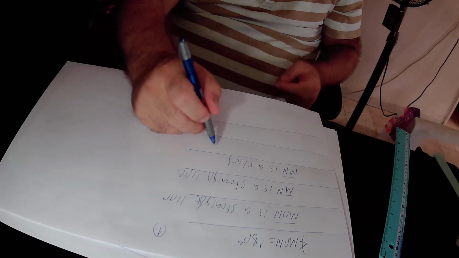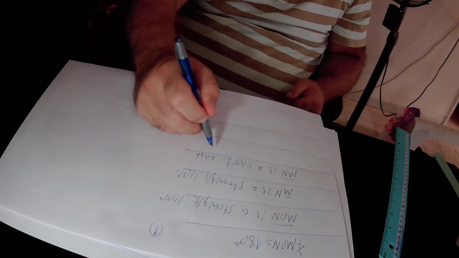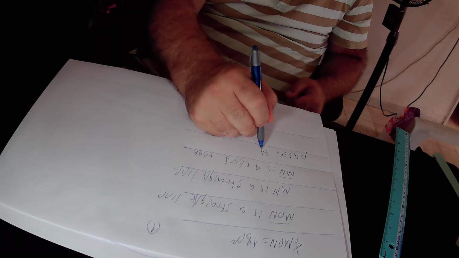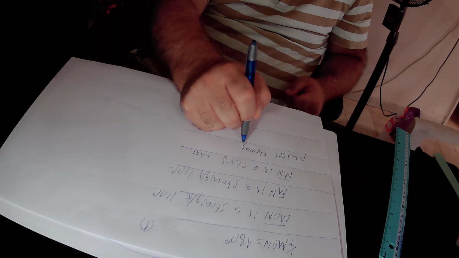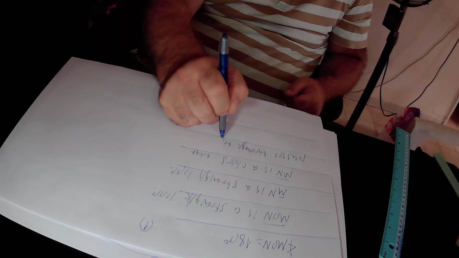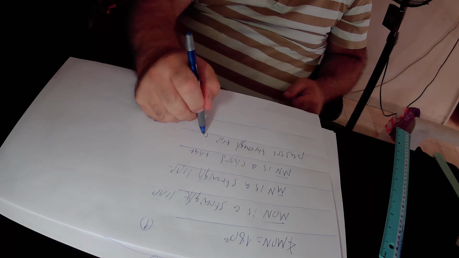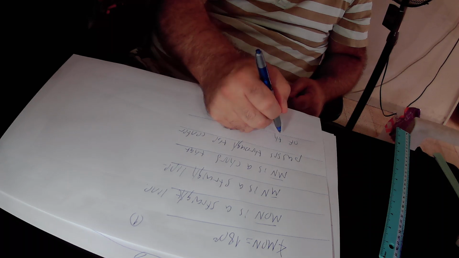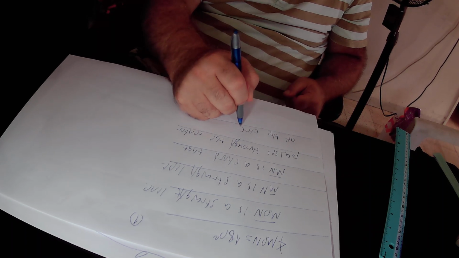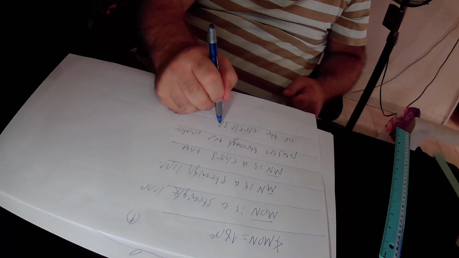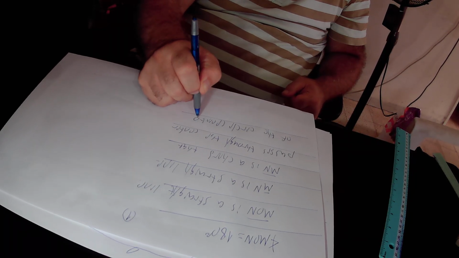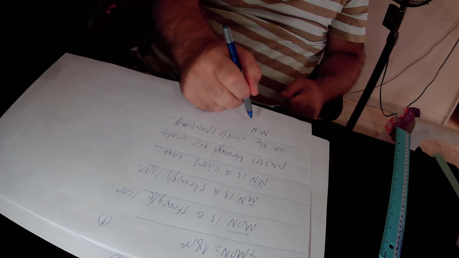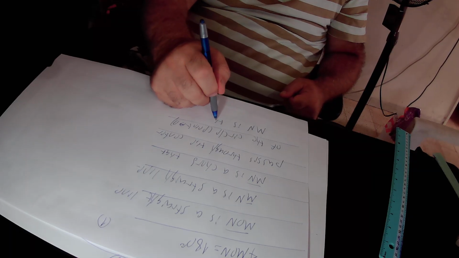So MN is a chord that passes through the center of the circle, that is to say point O, and therefore MN is the diameter of the circle.